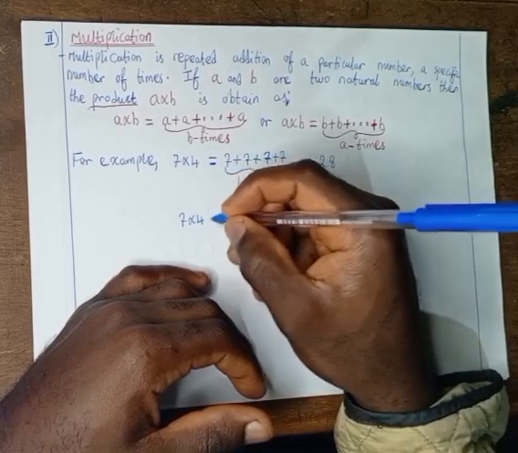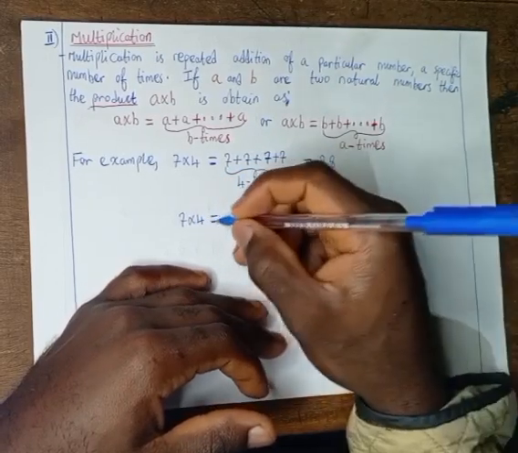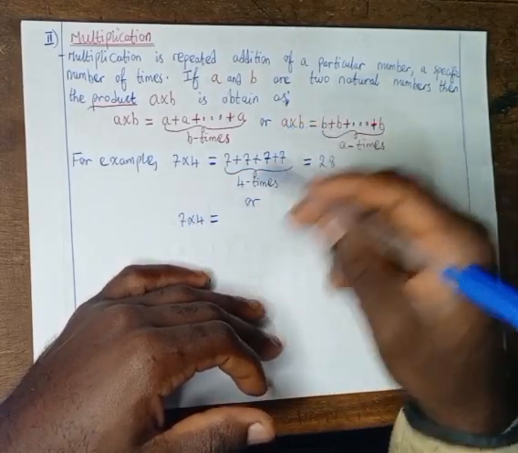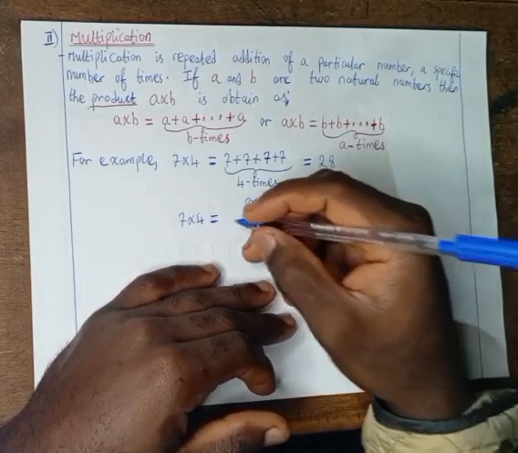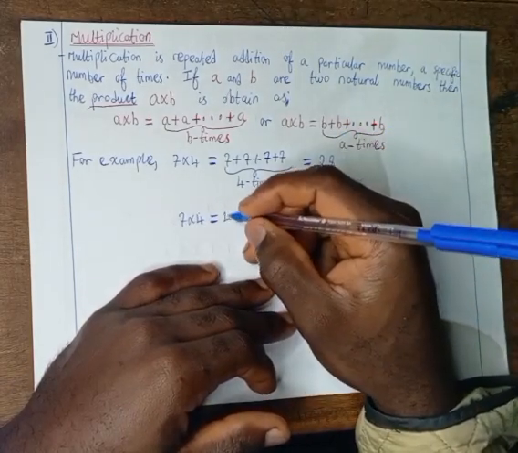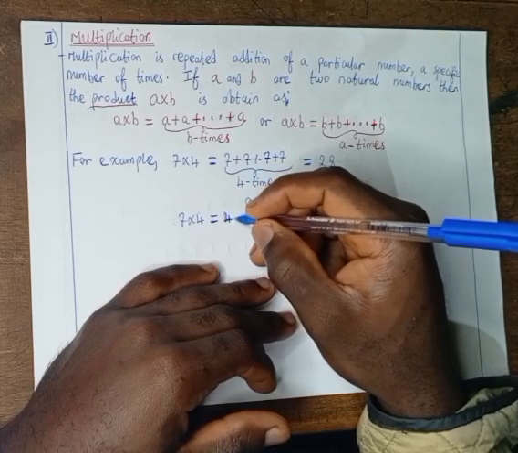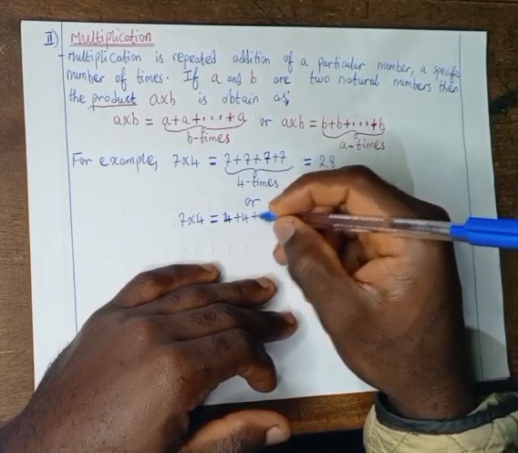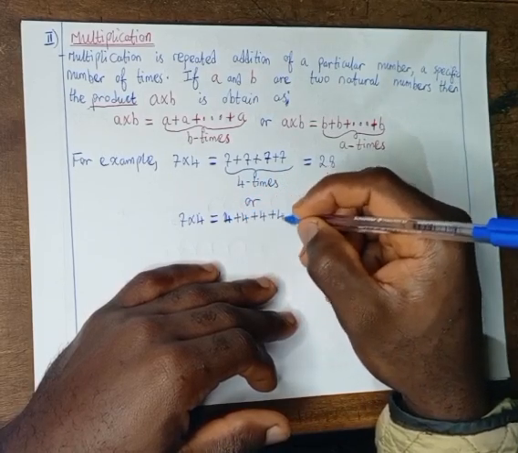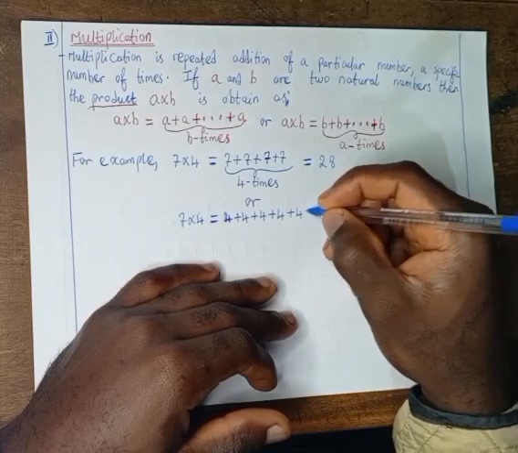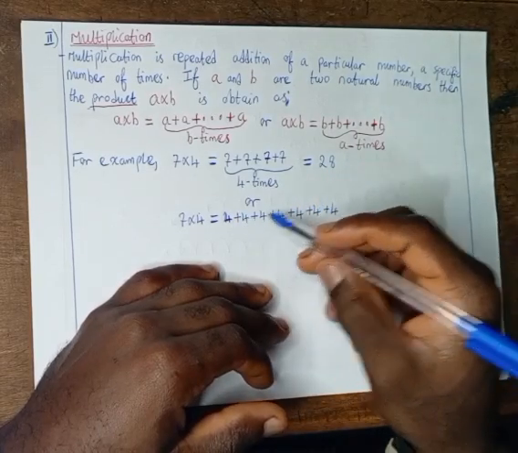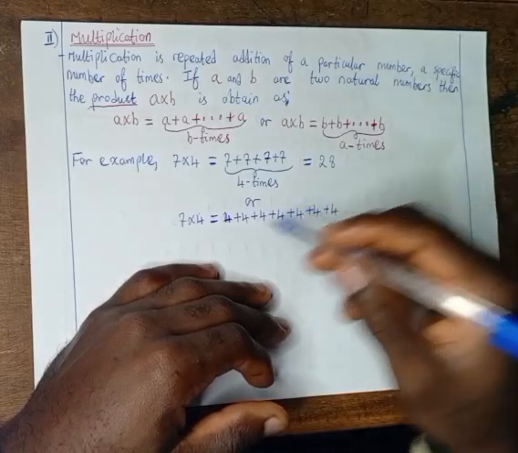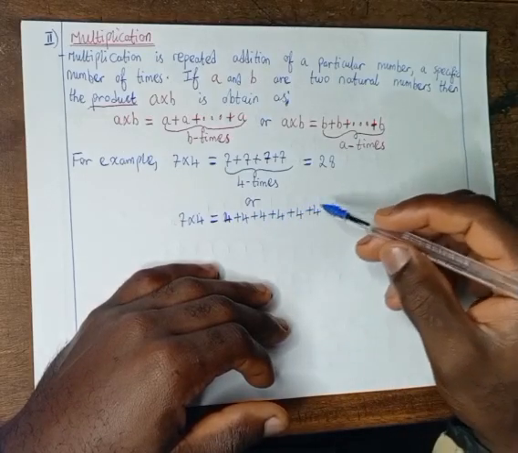7 times 4 is simply equal to, in this case, A is 7, B is 4. We are going to add B to itself, 4 to itself 7 times. So 4 plus 4 plus 4 plus 4 plus 4 plus 4 plus 4. 1, 2, 3, 4, 5, 6, 7.